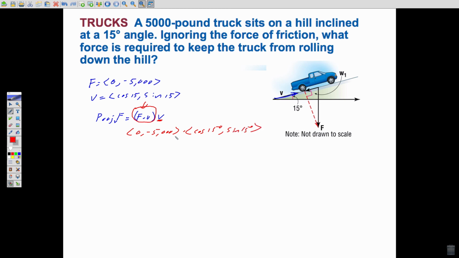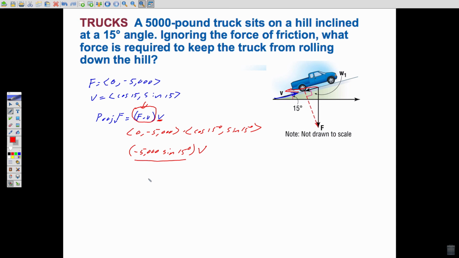Well, 0 times cosine is going to give you 0, so you have negative 5,000 sine 15 degrees, and that magnitude, you're going to multiply that by vector V, but this magnitude is going to give you the projection, the magnitude of that projection. So your answer is just going to be the negative of this.